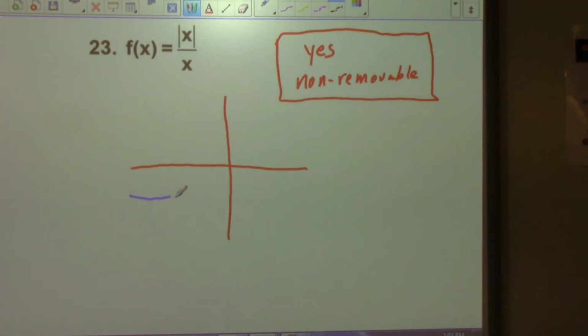So the denominator is negative, and what happens all of a sudden after x equals 0? Yeah, so we have a positive over a positive here, and we have a positive over a negative to the left of the y-axis. Any questions on 23?